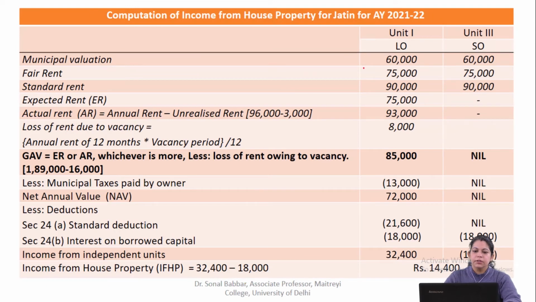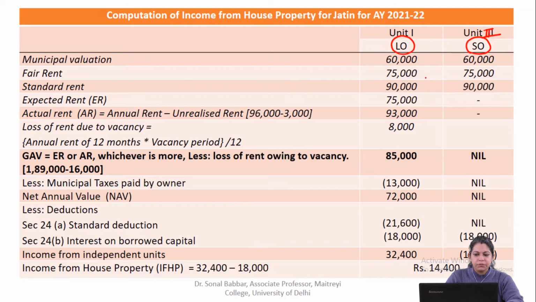So here we would do the computation in a manner where Unit 1 and Unit 2 are written, and Unit 1 is a let out unit, Unit 2 is a self-occupied unit. Municipal valuation of 1,20,000 will be divided into two parts, so 60,000 for the let out portion and 60,000 for the self-occupied portion, since it is said the units are of equal size.